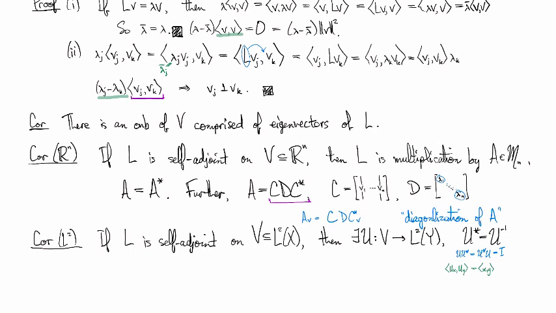So there's a unitary transformation, and there's some function phi on this new space, so that the operator L looks like U, then multiplication by phi, and then U star.